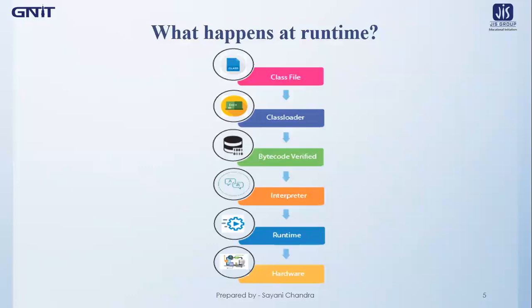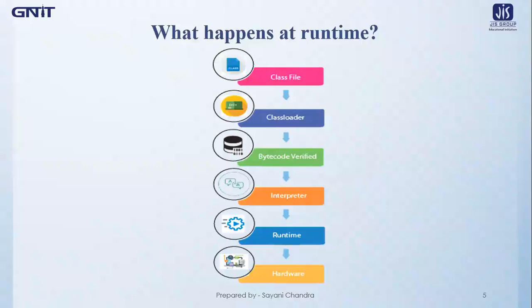The first thing after the class file is the class loader. The class loader is a subsystem of JVM that is used to load class files. Class files are generated after compilation and class loaders are used to load the class files. This class loader helps the JVM to load the class files.